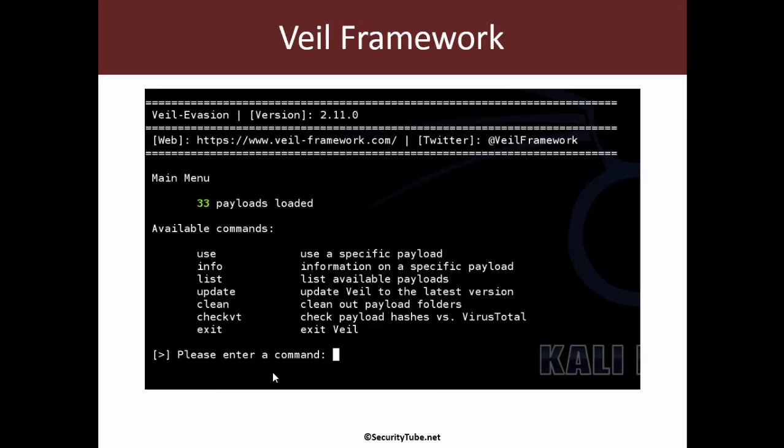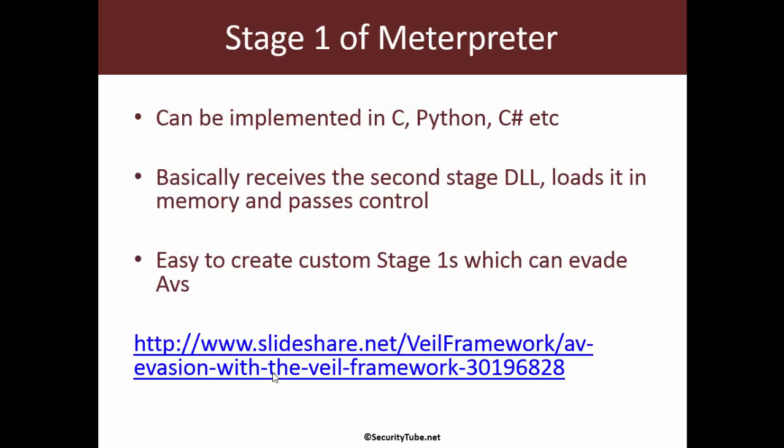Cool. So the Veil framework currently has 33 payloads in it, and they keep adding new payloads every month, so keep checking that out. Now, what is the real concept behind most of the evasion in Veil? Well, if you recall, Metasploit is basically a multi-stage payload, and there are two stages.